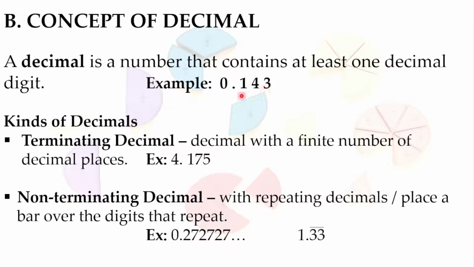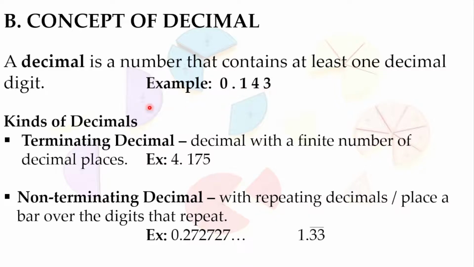As you can remember, kapag decimal po, ang unang basa po sa kanya is tenths, hundredths, and thousandths. Unlike pag whole number, there is ones po. Ones, tens, hundreds, thousands, and so on. So, kung babasahin po natin ito, 143 thousandths.